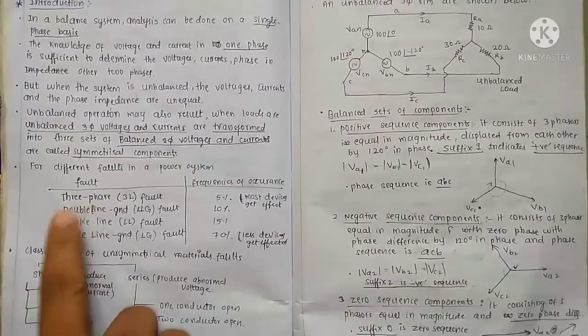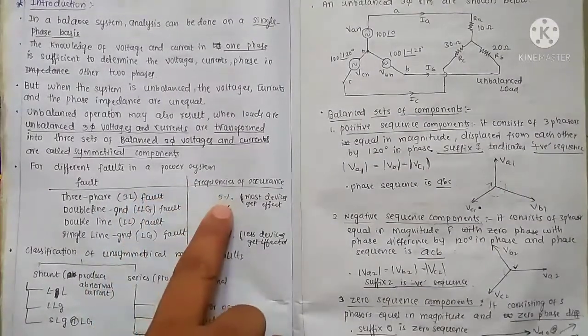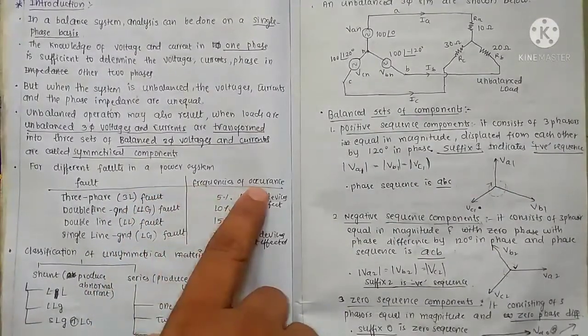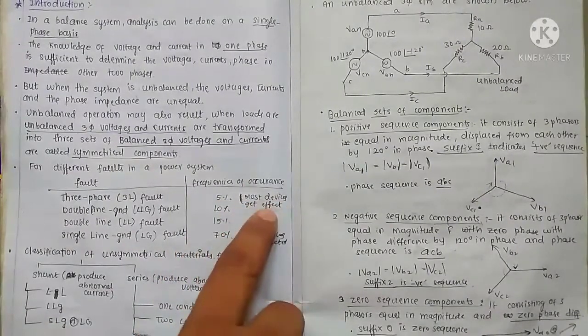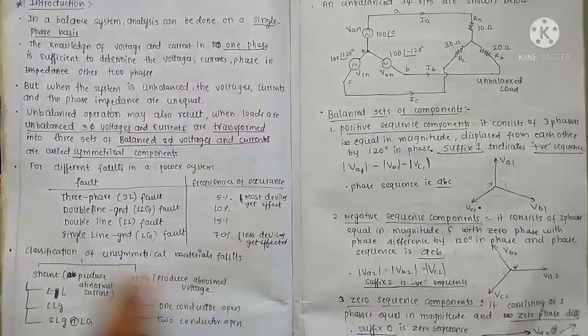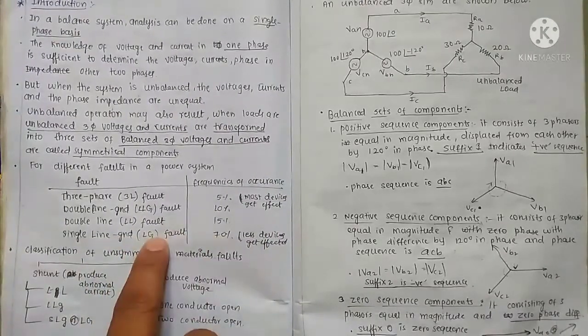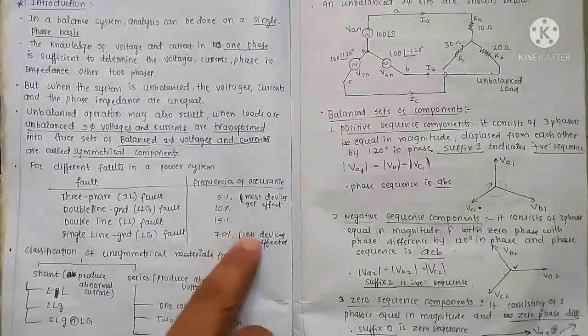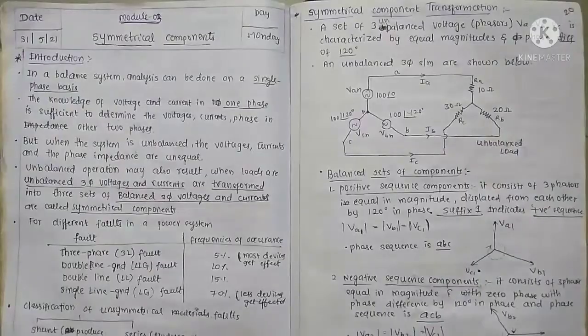There is a 5% chance of occurrence, but most devices get affected. But most of the faults are line to ground faults, that is 70% of occurrence, but fewer devices get affected. Okay, this is all about the introduction topic of symmetrical components.